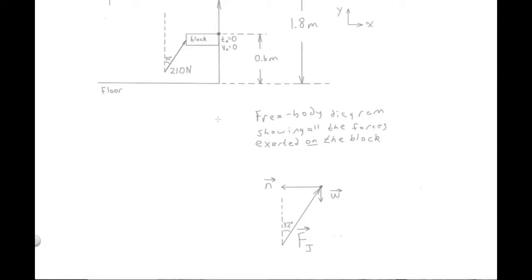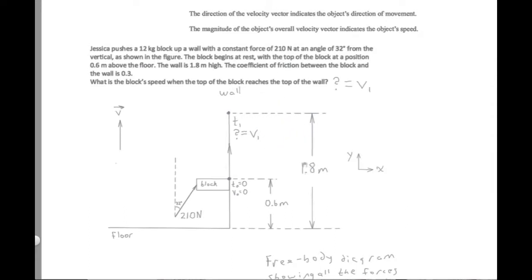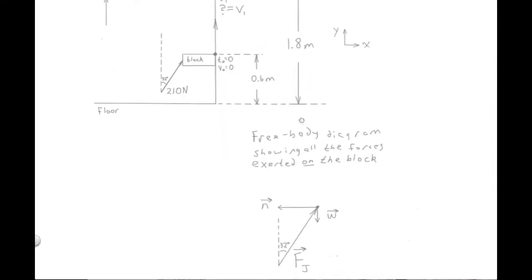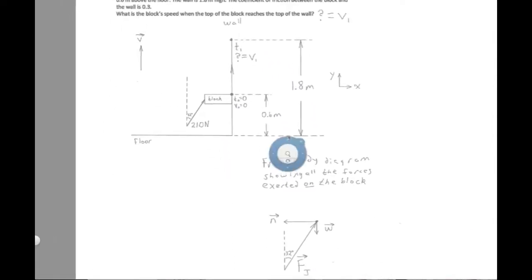Now, remember that whenever we assign a normal force, we also have to consider a frictional force from the same surface. And we know there is friction in this problem because it was mentioned in the problem. So now we need to use a simple rule to figure out the direction of the frictional force. Remember that the direction of the frictional force should be parallel to the surface and opposite to the direction of sliding. Remember, the wall is our surface, which is vertical. So the frictional force will be vertical.